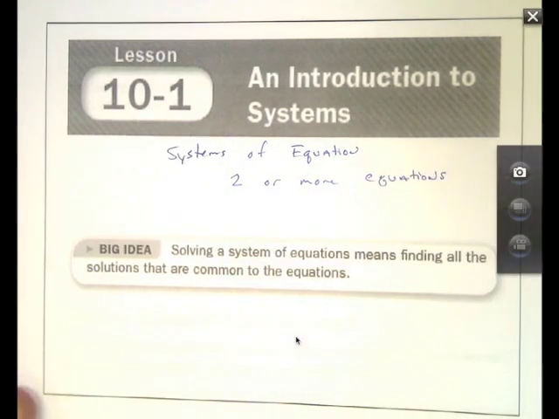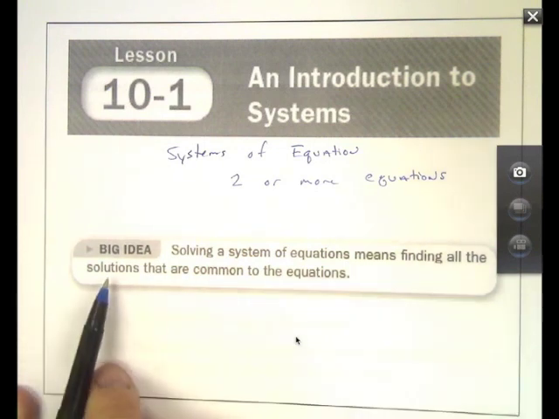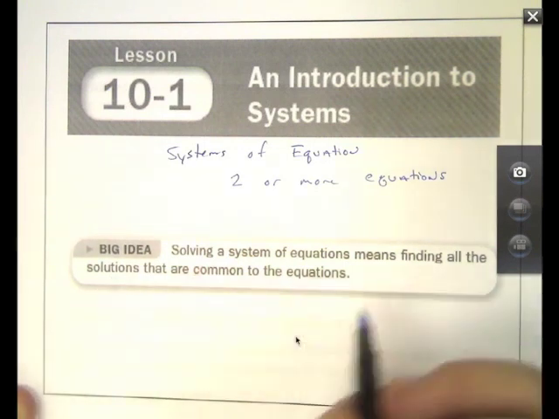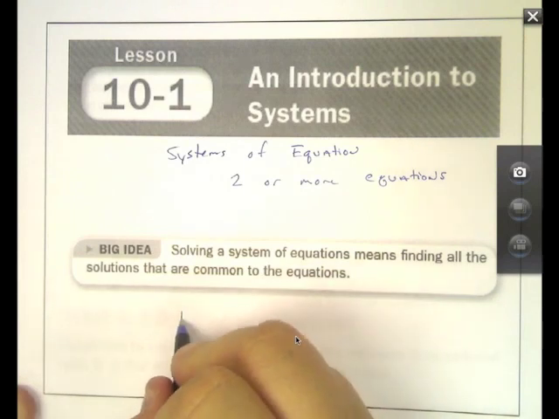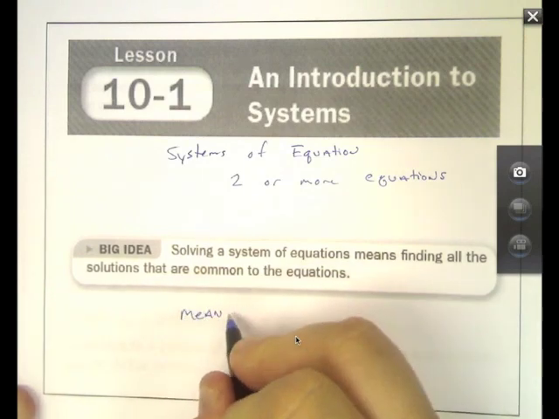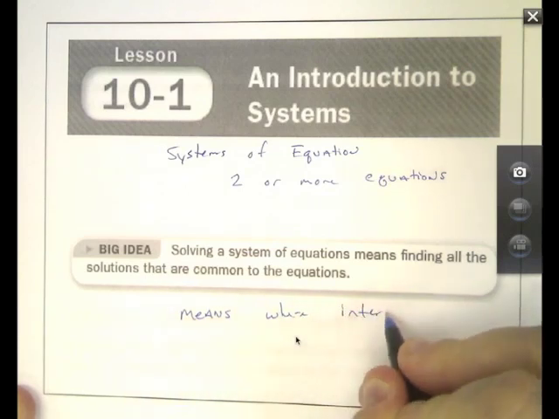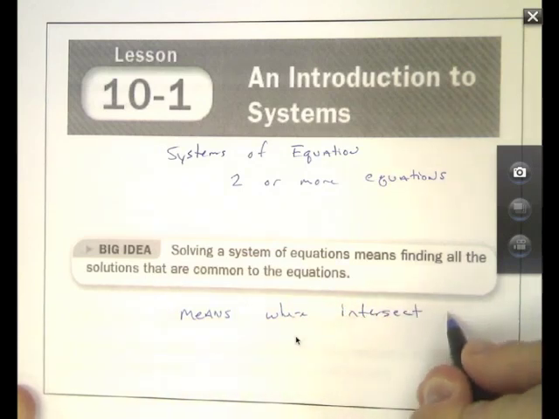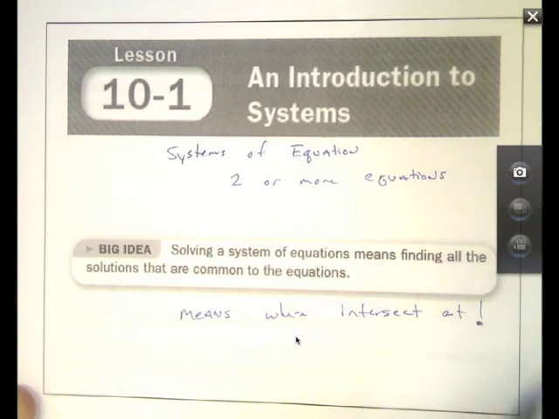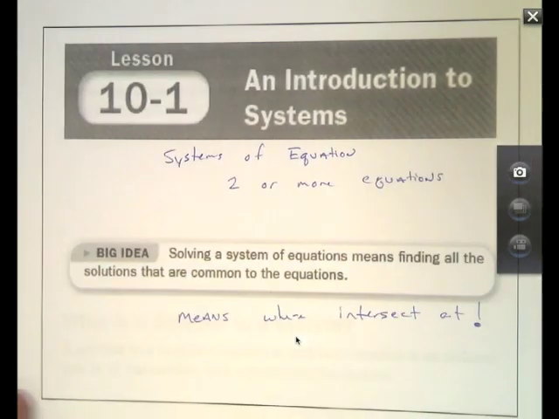Solving a system of equations means finding all the solutions that are common to the equations, or where they intersect. Very key piece of information: your solutions are going to be where they intersect.